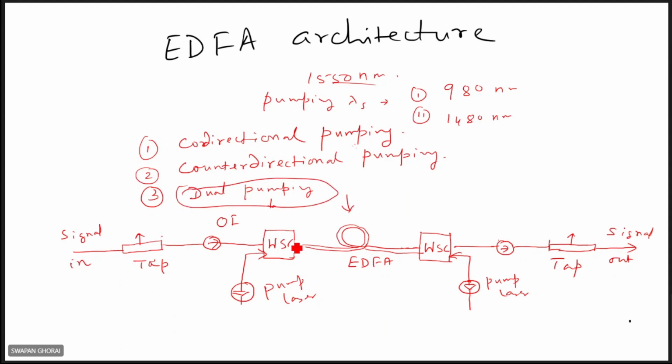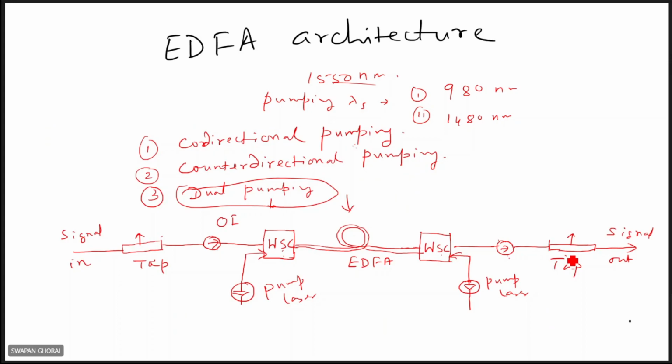Here, both co-directional pumping and counter-directional pumping are used. Of course, you see the previous diagrams, and in this diagram the difference is there are two wavelength selective couplers on both sides to couple the pump source into the amplifier. So other things are same: tap couplers, opto-isolators.